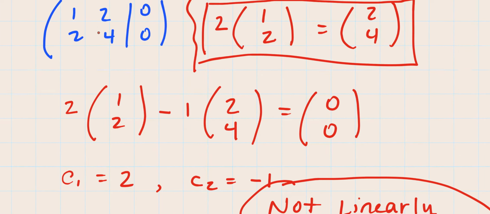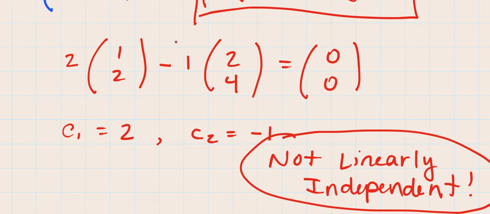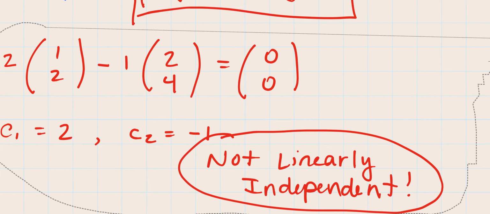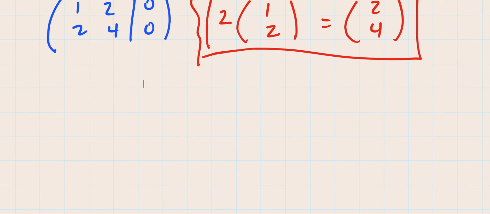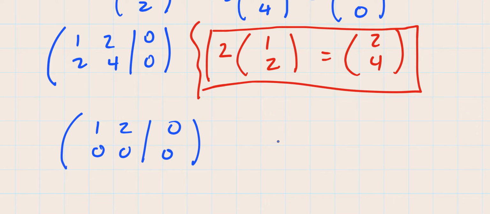Now you could continue finding the reduced row echelon form of this. Let's do that as well to see what we get. So I'm going to erase this just so we have this option as well. We'll get 1, 2, 0, 0, 0, 0, and you see that C1 is equal to negative 2 C2, and you see that you have infinitely many solutions.